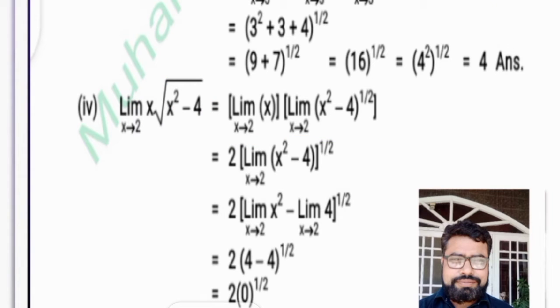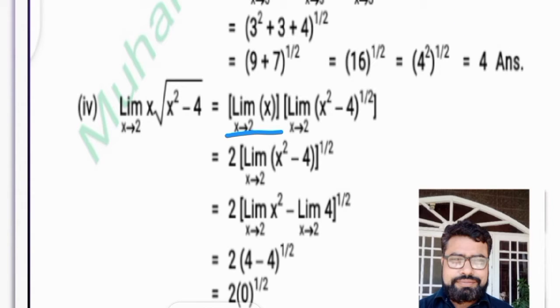If two terms are multiplied, then we have to write limit with both. As first variable x, so we will have to write limit x approaches to 2 with x, and there is second term, that is x square minus 4, so we will have to write the limit with x square minus 4.